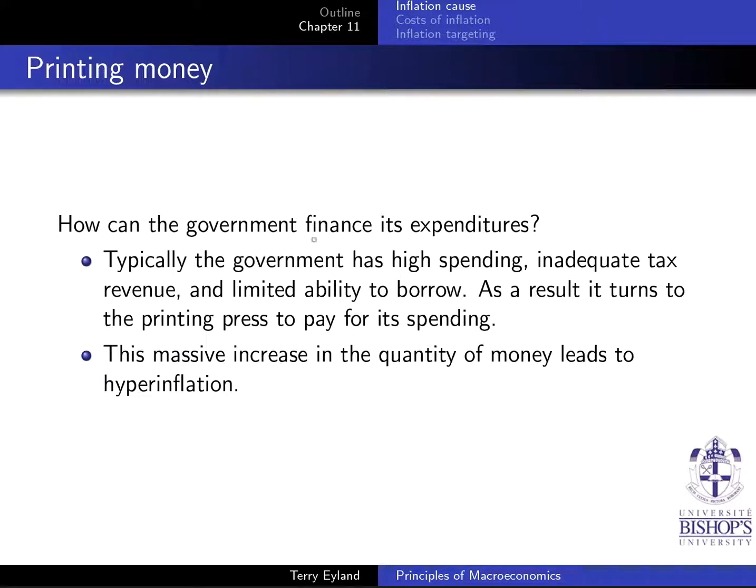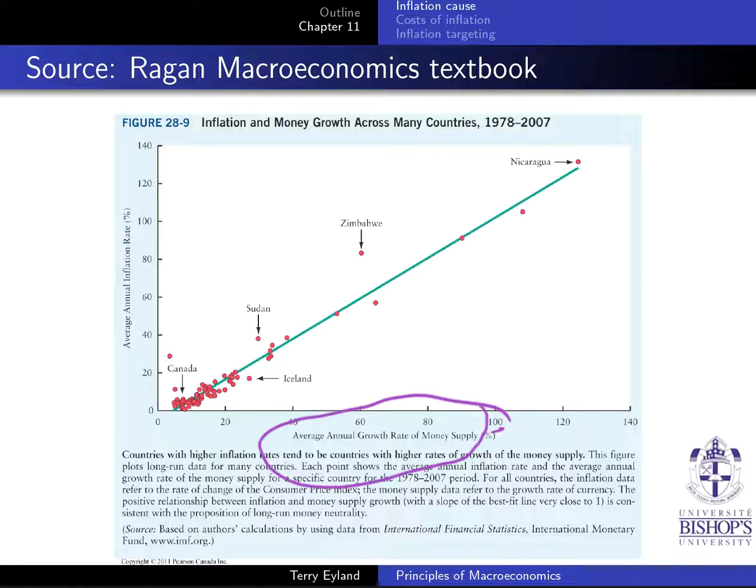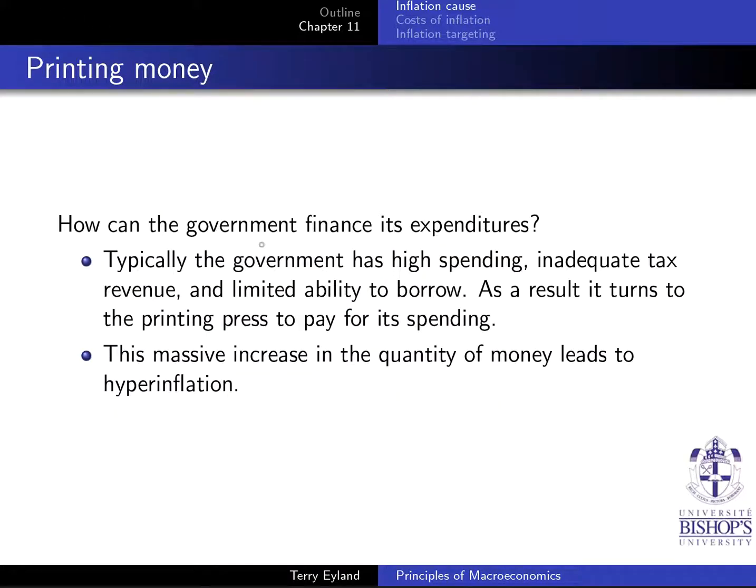So we're going to talk about the idea of financing expenditures, because if you go back to this table here, some people could wonder, why are some countries just printing that much money, creating that much money? What are the different ways that the government could finance its expenditures? Think about it. Pause the video, think about it.